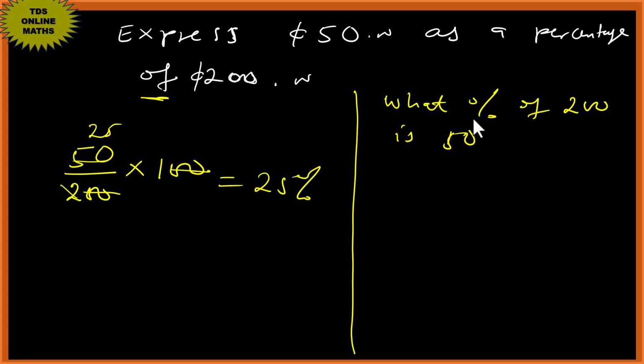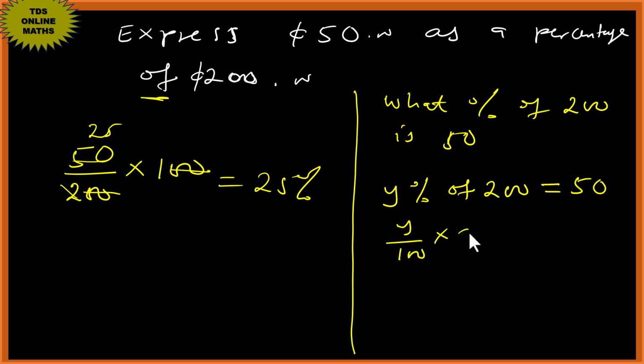So what percentage? We don't know, so let y be that. y percent of 200 equals 50. So we have y on 100 times 200 equals 50.